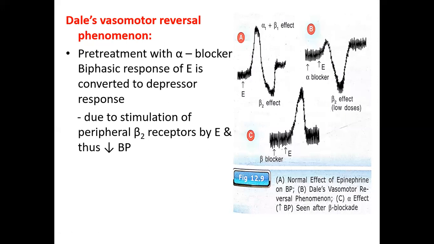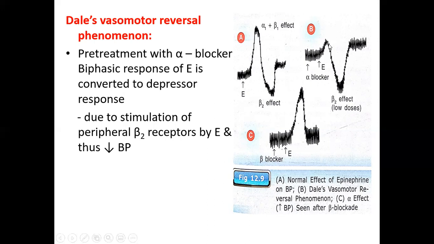After some time, as the plasma concentration of epinephrine decreases, there is a fall in blood pressure. This is mainly attributed to the effect of beta 2, which is more sensitive to even the smallest dose of epinephrine. So initially there is a rise in blood pressure, then a fall in blood pressure. This is called a biphasic response.